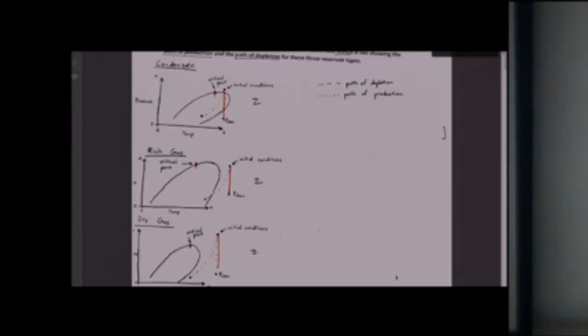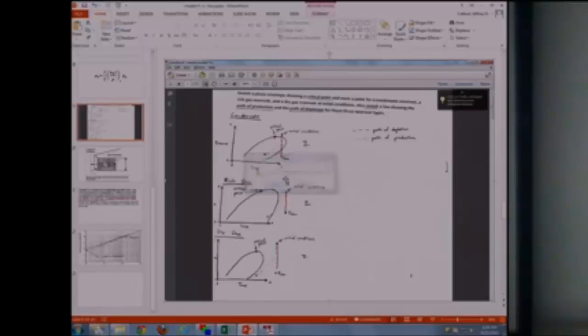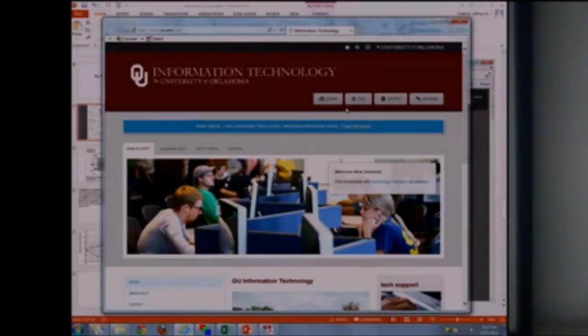I want to stay with condensate reservoirs, and I'm going to see if I can pull up a relative permeability curve here on the internet. Is there not even a search bar?